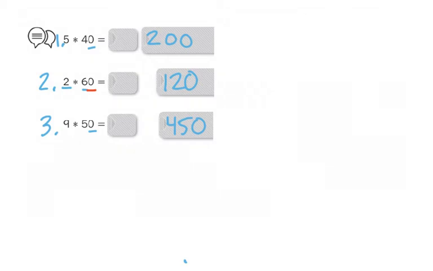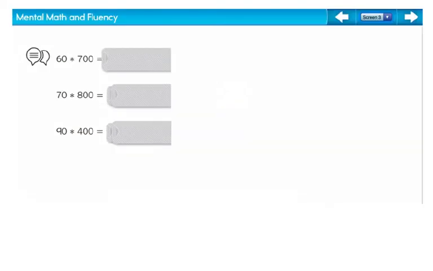Go ahead and erase your whiteboard, and let's do a couple more like that, extended to the hundreds. So number 1, 2, and 3. Go ahead and do answers only and carefully count your zeros and add them to the product, or the answer, when you multiply. Go ahead and pause the video.